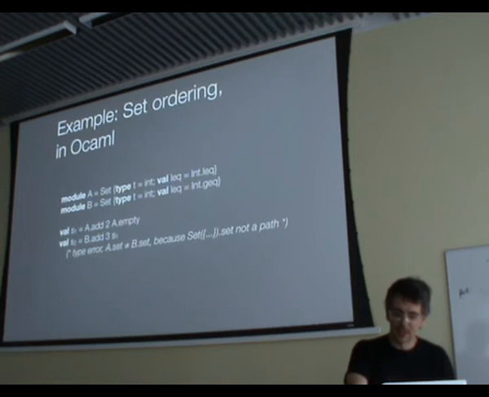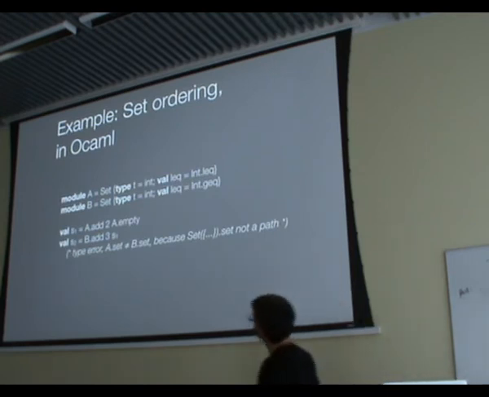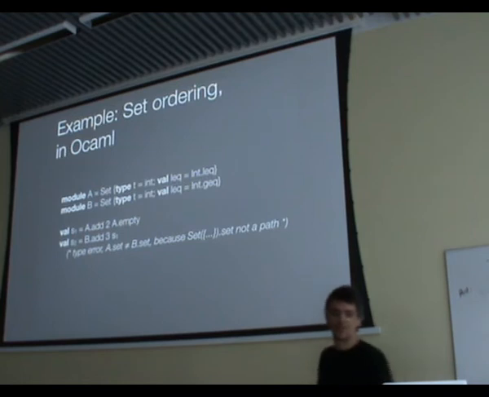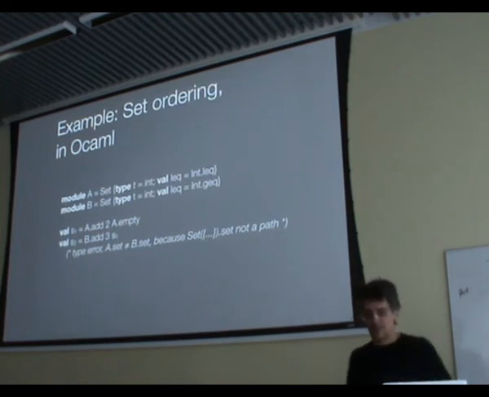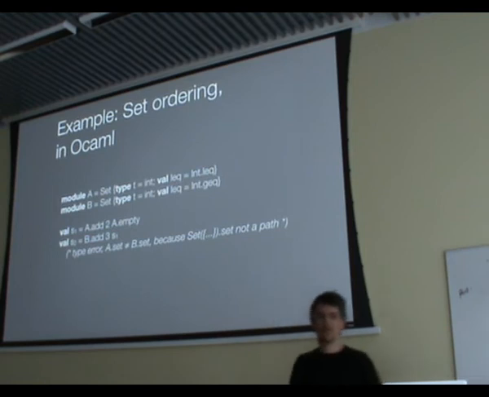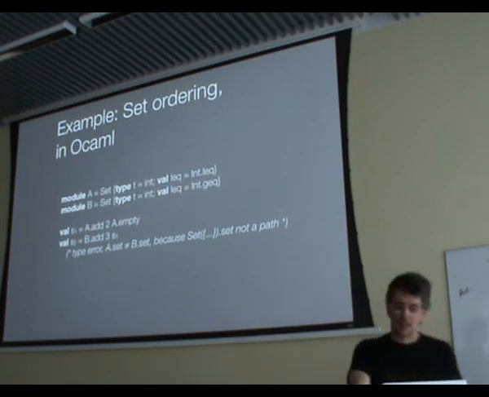But yeah, so in OCaml, this actually doesn't type check because the types are not the same, and technically that is because a path of that form is not allowed. So basically, the OCaml type system just silently drops the equivalence between the result of the functor and its argument. So you lose it. But is that enough?